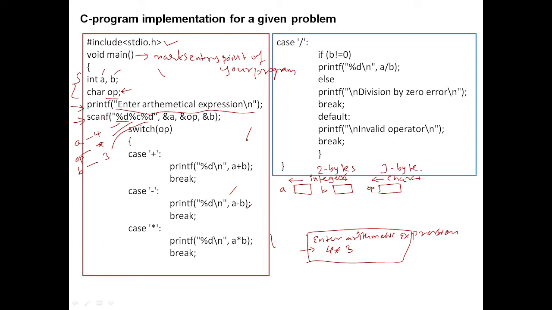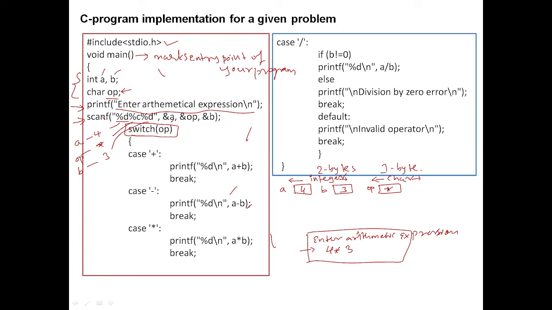What is the content of A here? The content of A is 4, the content of B is 3, and the content of OP is star. Okay. Next we are using a switch statement. Why are we using a switch statement? Because we want to perform any one operation out of 4 different operations: addition, subtraction, multiplication or division.